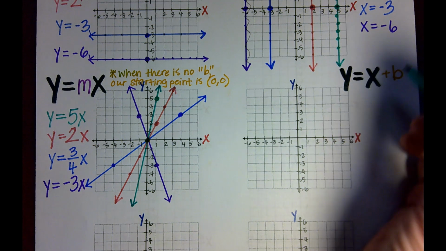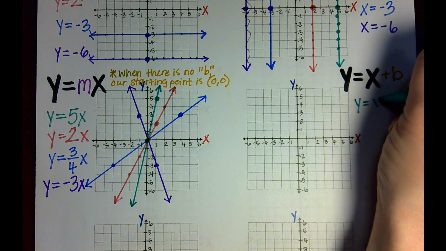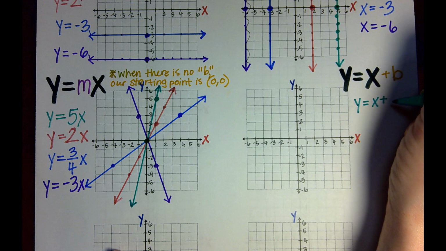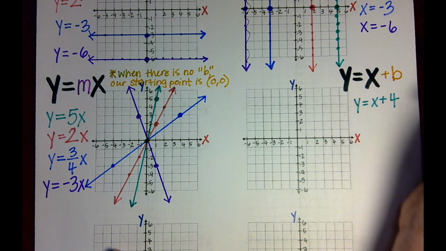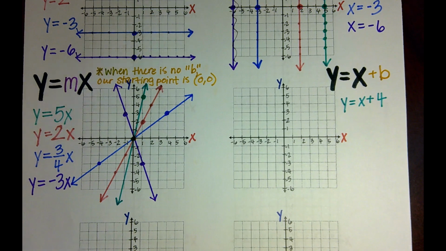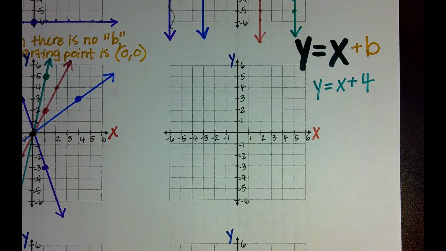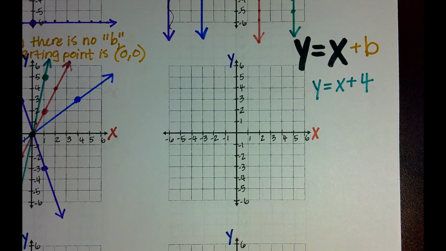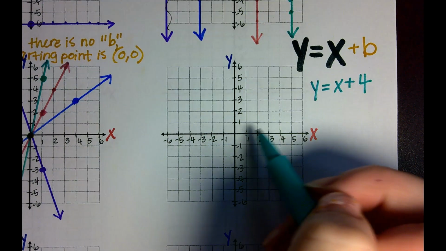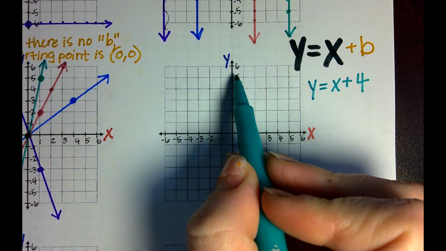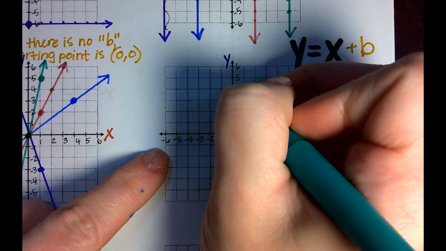So, for example, I will give you y equals x plus 4. Where would I start? With a point on 5 on the y-axis? Oh, sorry, 4, you're right.